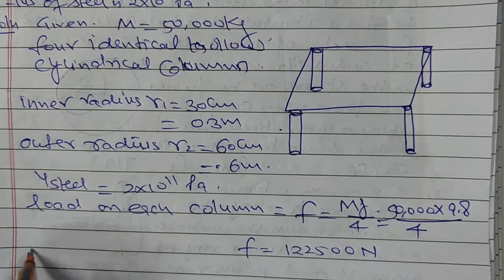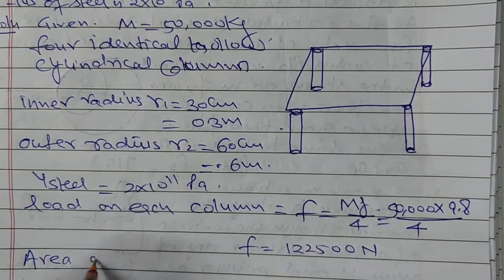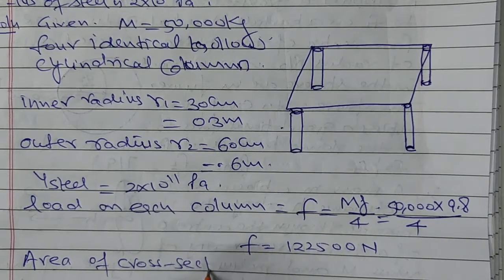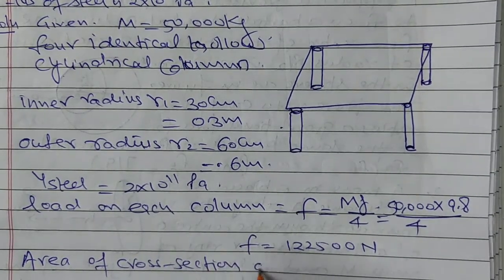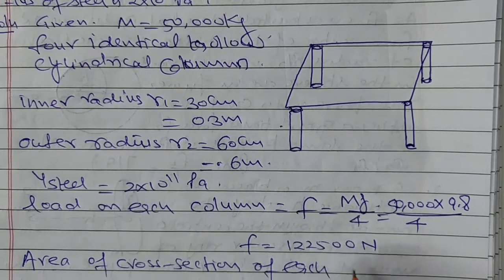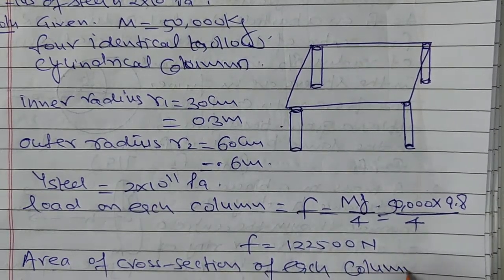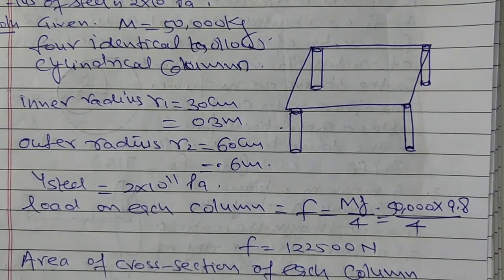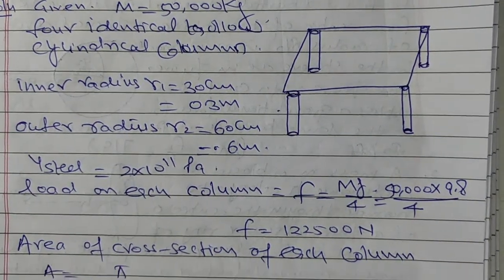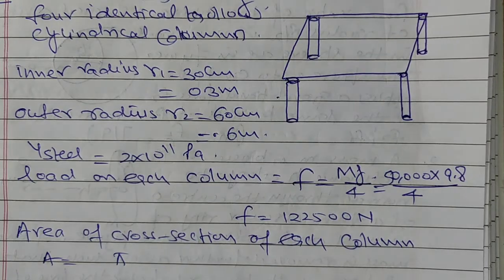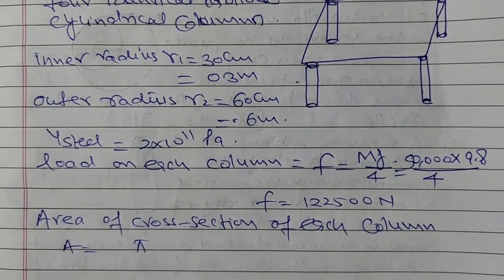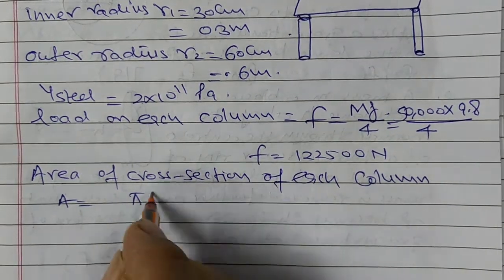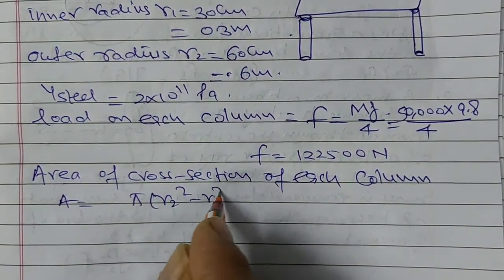Now area of cross section of each column, capital A is equal to, hollow cylindrical columns. Therefore, area of cross section is pi into R2 square minus R1 square.